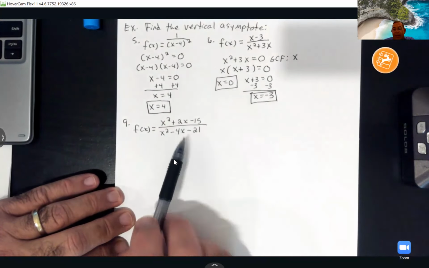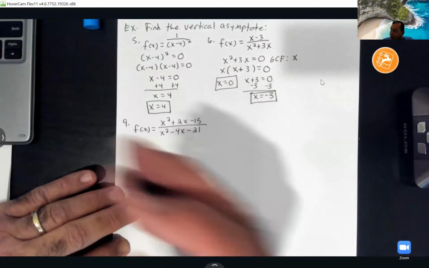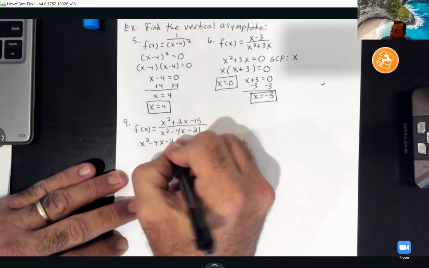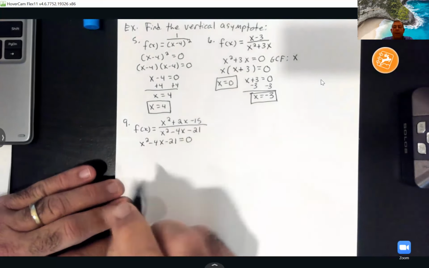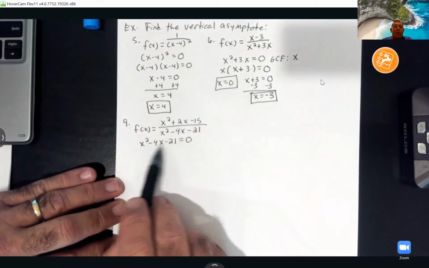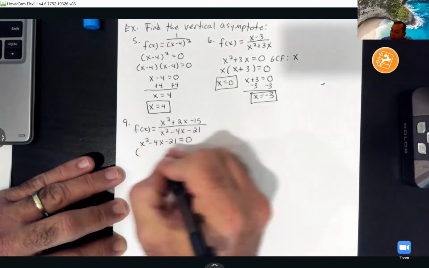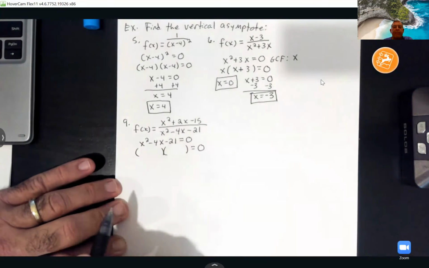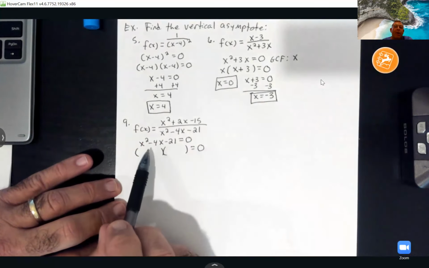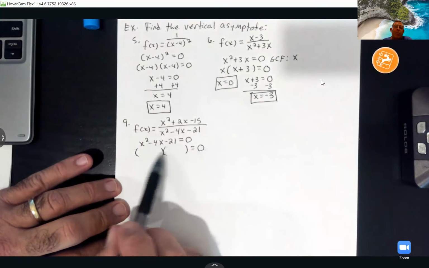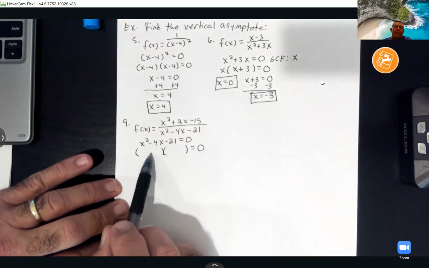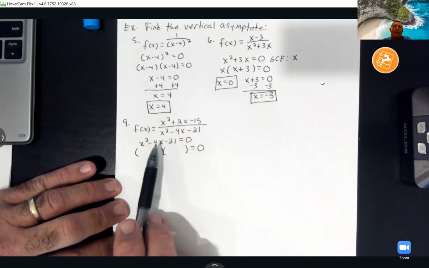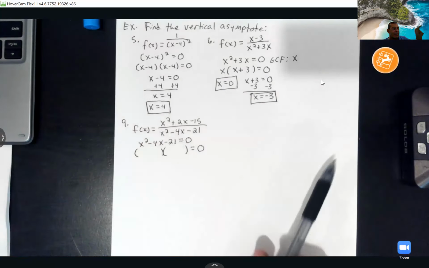So I'm going to take the bottom of this and we're going to definitely set it equal to 0. So this one's a trinomial. There's no greatest common factor. So we're going to go right into our 2 sets of parentheses. All right, so y'all, why don't y'all factor this one for me? So factor that x squared minus 4x minus 21, and let's see what we're going to put in our parentheses.